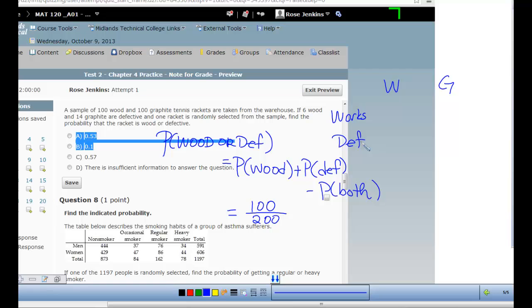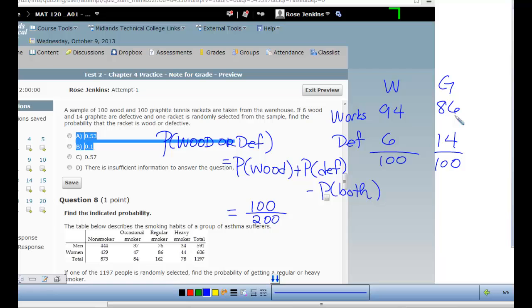Okay? So a sample of 100 wood, that's how many of those we have all together, and also 100 graphite. Okay? We've got 6 wood that are defective, which means how many of them work? 94. Okay? Then we've got 14 graphite that are defective, so we've got 86 of those.